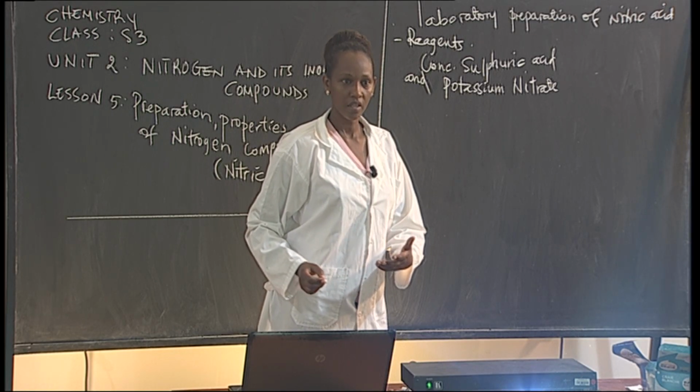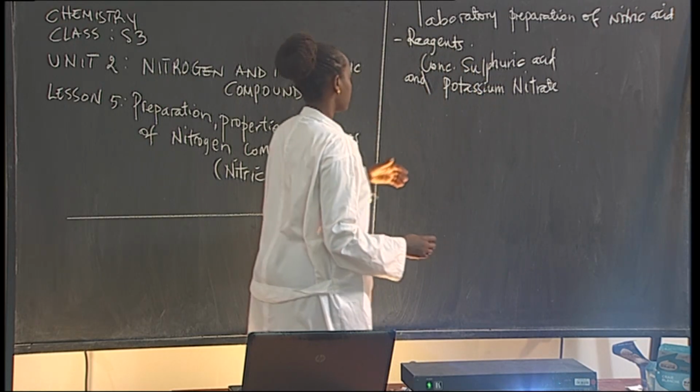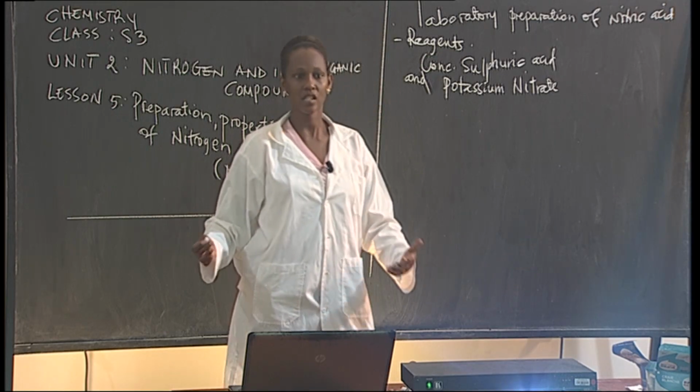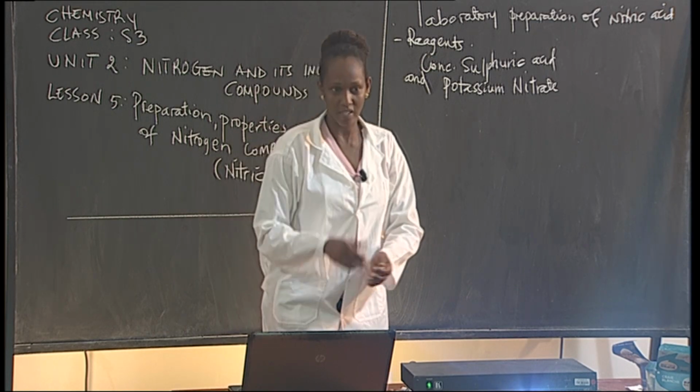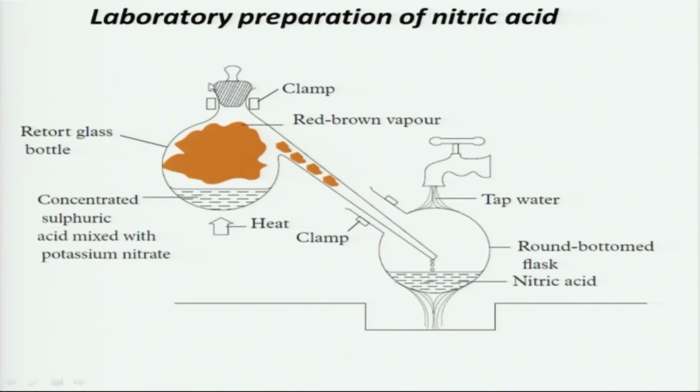All right? So now the apparatuses. As you can see on the slide, we have the retort stand to hold the retort glass bottle. We have the clamp, all right? We have the round bottom flask.